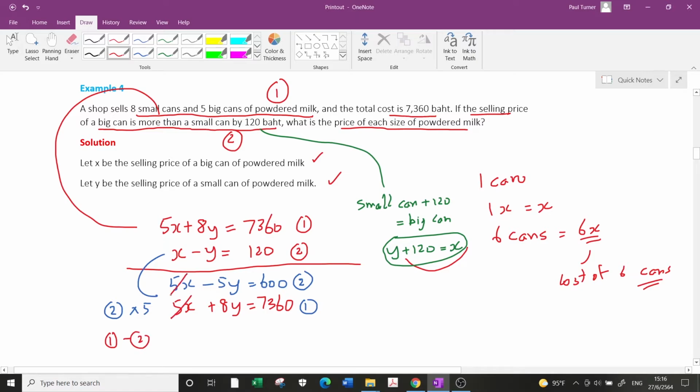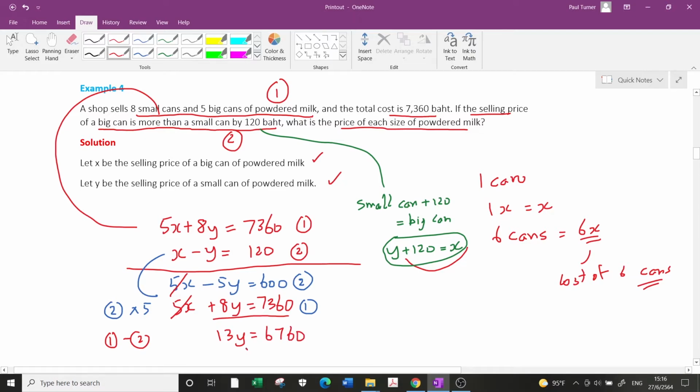So 5x minus 5x is 0. 8 minus negative 5 will be 13y. And 7360 minus 600 will be 6760.